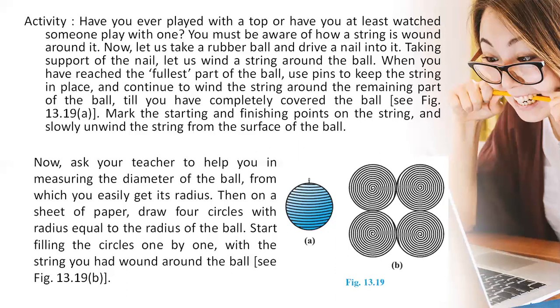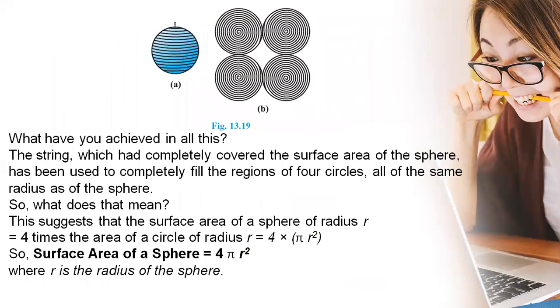Now, what we need to do is, we need to unwind the thread that we have used to cover the sphere and start filling the circles in such a manner that no gap is left, like shown in this particular figure 13.19. So, the thread will completely fill the 4 circles which are of radius of the sphere.